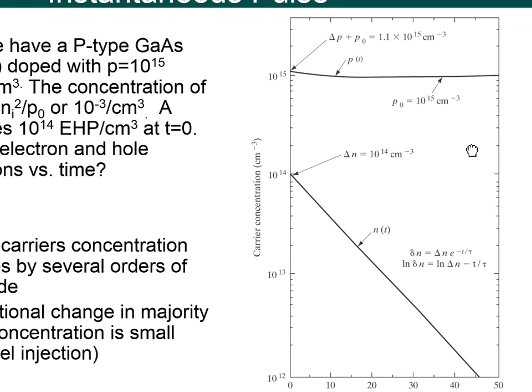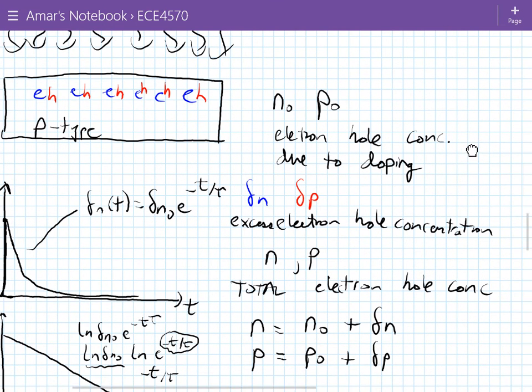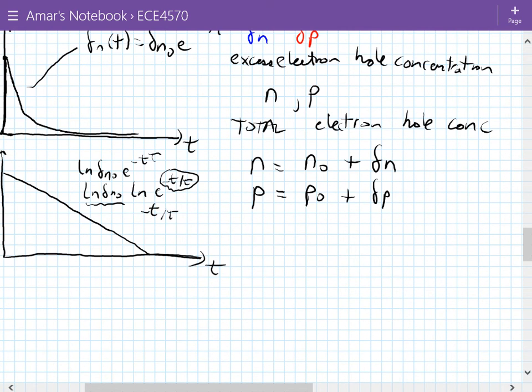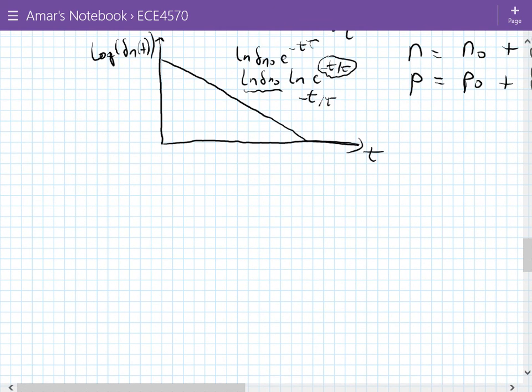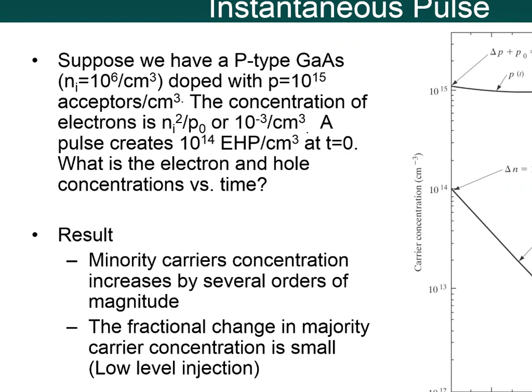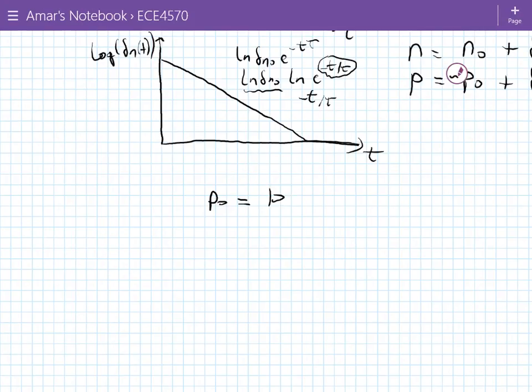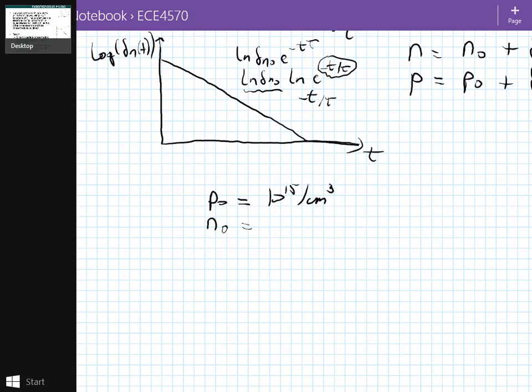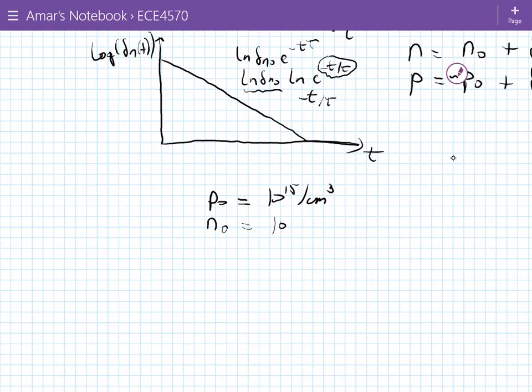So just to be clear here, in this example problem, p0 is 10^15. n0 is, we calculated already, 10^-3 per centimeter cubed.